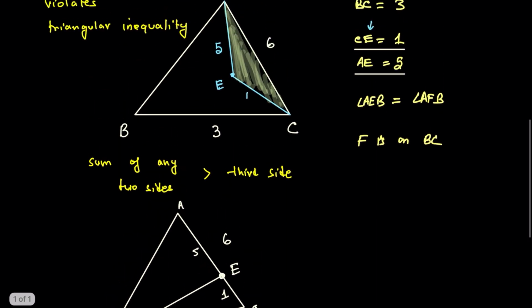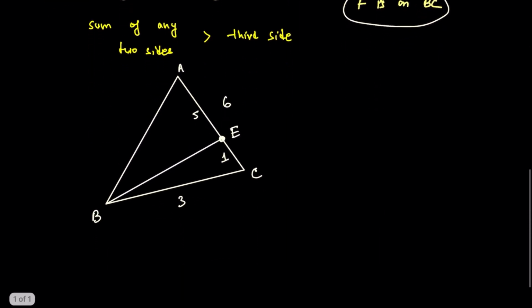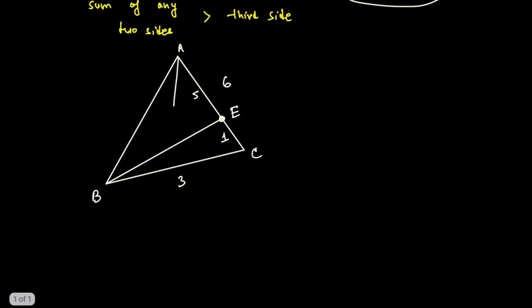Now there is a point F on BC such that angle AEB is equal to angle AFB. This is F. So AEB is equal to AFB. That is given.